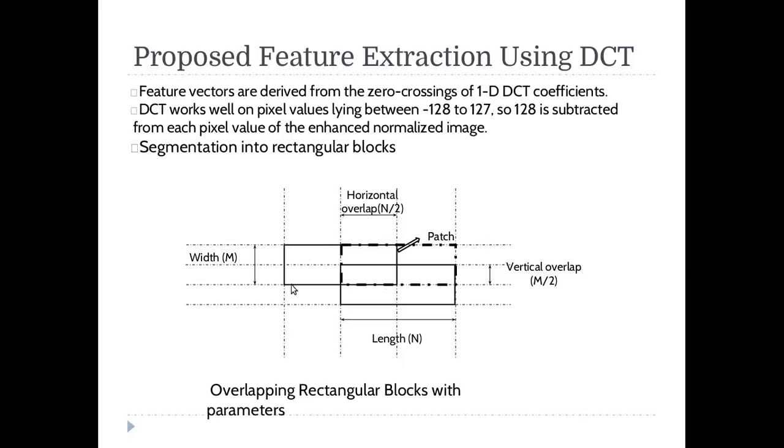So for this column we compute the average, for the next column we compute the average, and in this way for one block, because we have n columns, we are going to have n average values. One can say that the feature vector we have got is the average value of each column, n such values. So it is basically a one-dimensional vector of n units for that particular block.